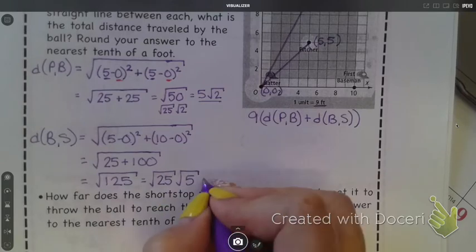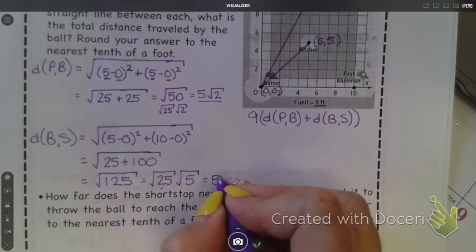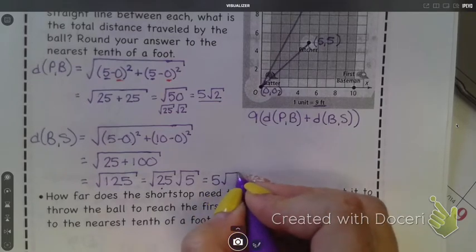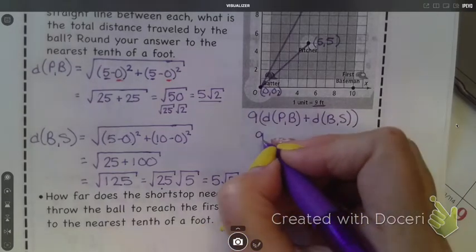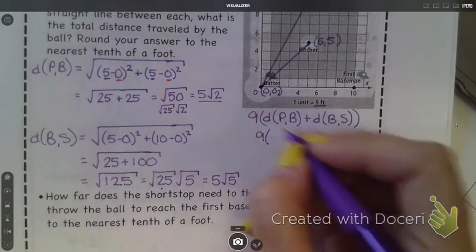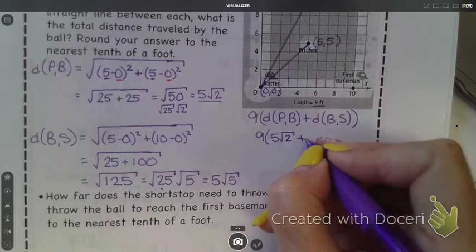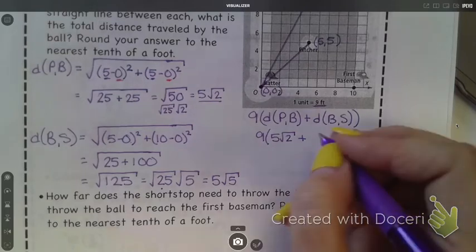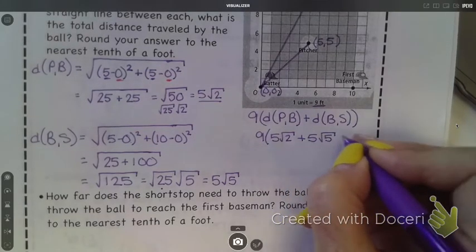So what's the square root of 25? 5. And does the square root of 5 have anything? Nope. So it's just the square root of 5. So I have 9 times 5 square root of 2, because I'm just filling in my plan, right? Plus 5 times the square root of 5.